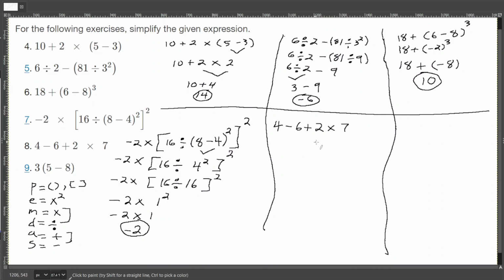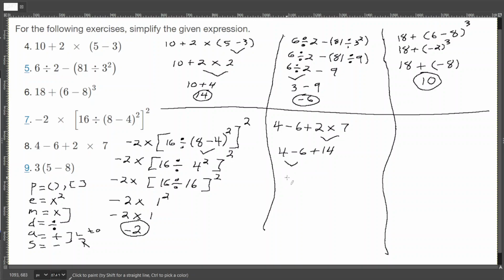So here we have a minus, a plus, and a times, right? So we got to multiply first. So that'll be 14. So we have 4 minus 6 plus 14. So now here's where I'm saying you got to go left to right, okay? You do not do the addition first just because it's first. You must subtract first.